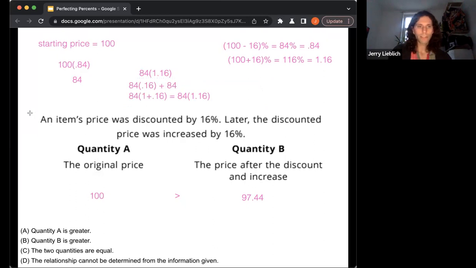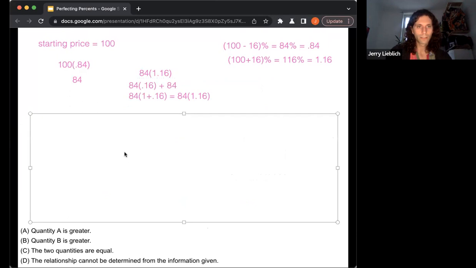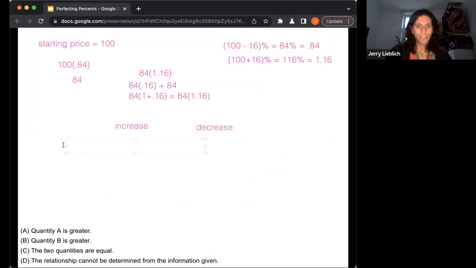To practice this a little bit more, let's say we're talking about 10%: to increase, I'd multiply by 1.1. To decrease, I'd multiply by 0.9. To increase by 20%, I'd multiply by 1.2.